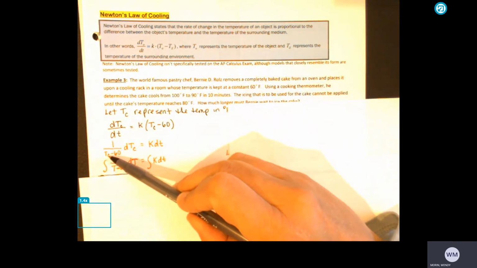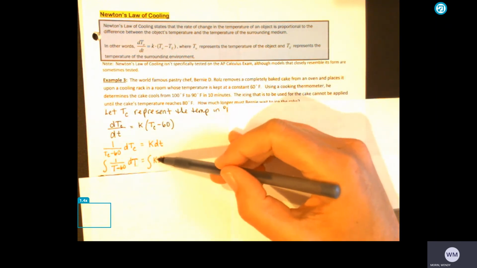Then we integrate both sides. The temperature of the cake, just to make it easier, I'm just going to call that T, because now I only have one temperature. So just so I don't have to write sub C, I'm just going to change that to capital T, knowing that that's the temperature of the cake.